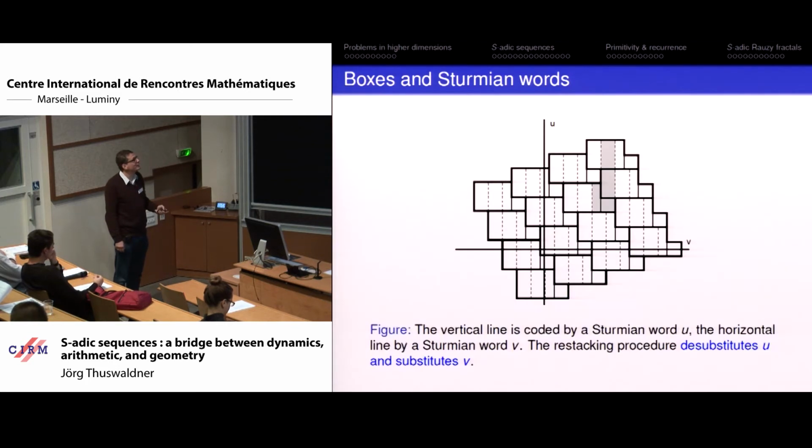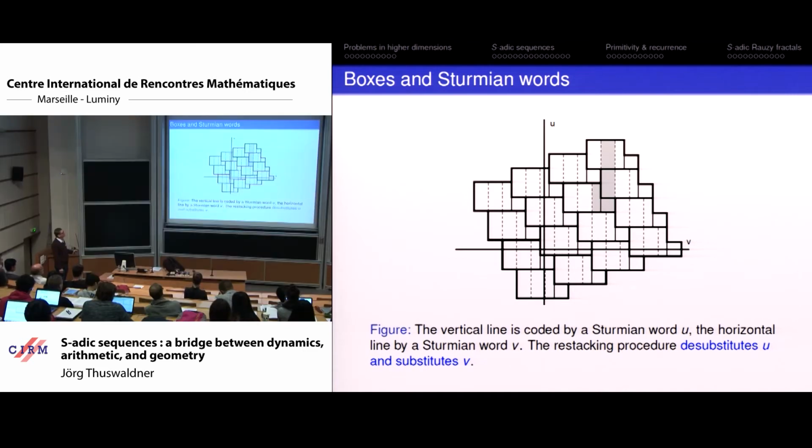And another very nice thing is that these L-shaped regions can be piled up in a way that they tile the plane. And on this tiling, you can see the Sturmian sequences, the original Sturmian sequences.